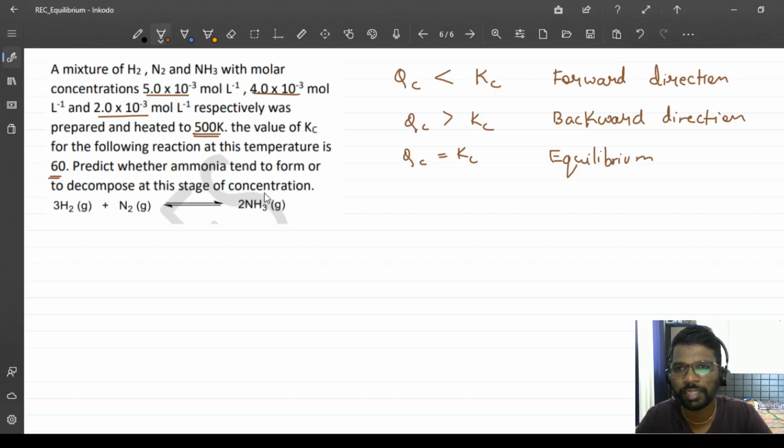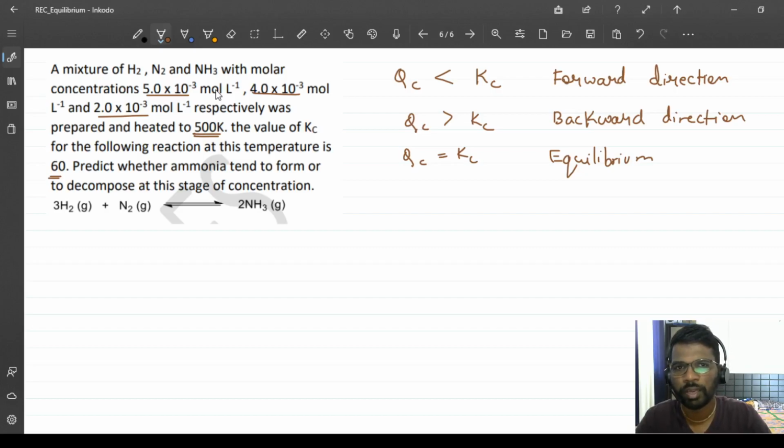What they mean is, these concentrations of hydrogen, nitrogen, and ammonia are not at equilibrium. These concentrations may be before the equilibrium is attained, or they may be after a change or addition of the concentration of any reactant or product once the equilibrium is attained.